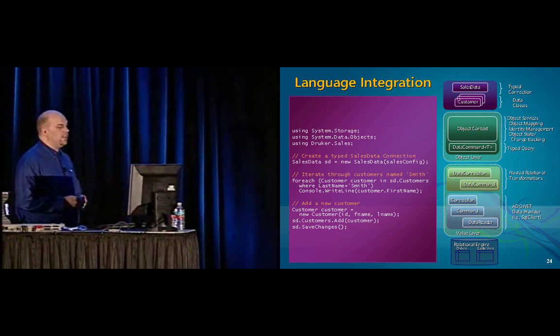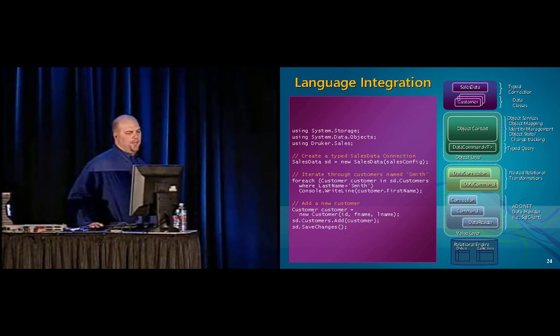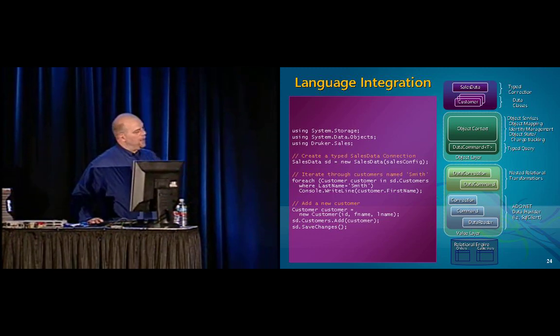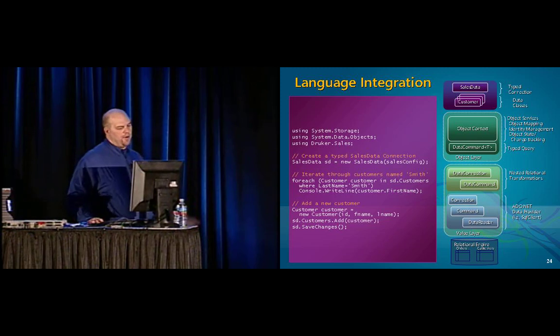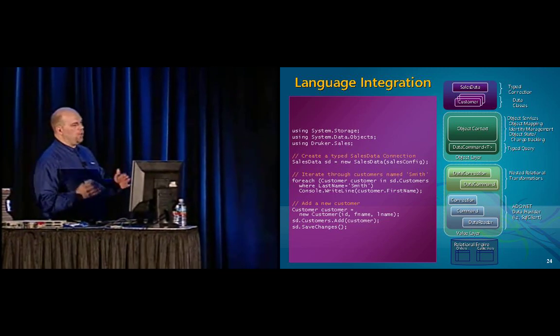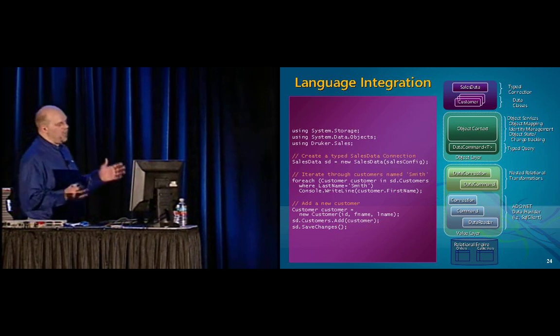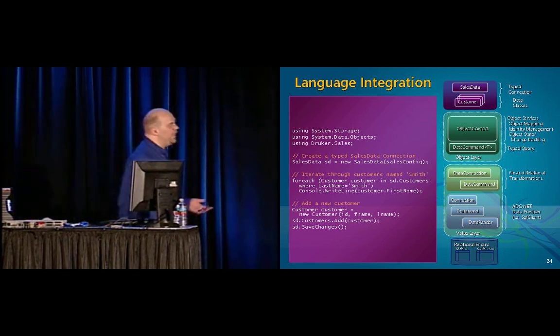So now that we have language integration, and I've already shown you the strongly typed patterns for how to get to the data and how to manipulate the data, our example has actually shrunk quite a few lines. So we're going to, again, take advantage of that strongly typed data connection. We're just going to hand it the config file, which is the reference off to whatever metadata service is holding our connection information and our mapping files. And we're going to actually write the query right in the body of the foreach. So now there's real magic. It's not just calling IEnumerable on some type that was provided through the plumbing.